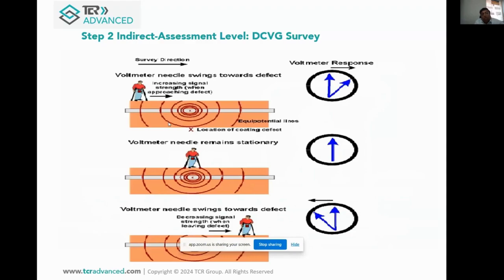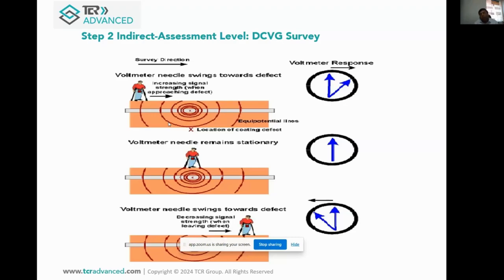And when he walks away from the defect, the needle of the voltmeter will move to the left-hand side. So this is how he can identify, within 150 meters, the exact location where there is a coating defect. You can even identify multiple coating defect locations in that 150 meters.